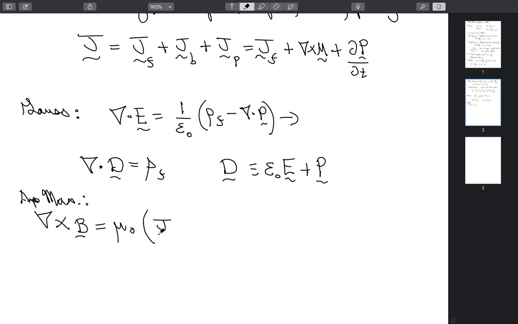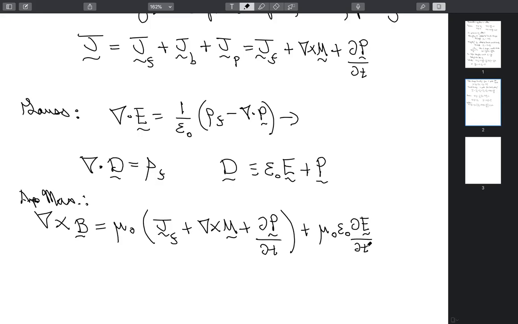I've got my free currents, I've got my curl of the magnetization, and I've got the time dependence of my polarization. And then I've got the other term that we had before, mu 0 epsilon 0 dE/dt.